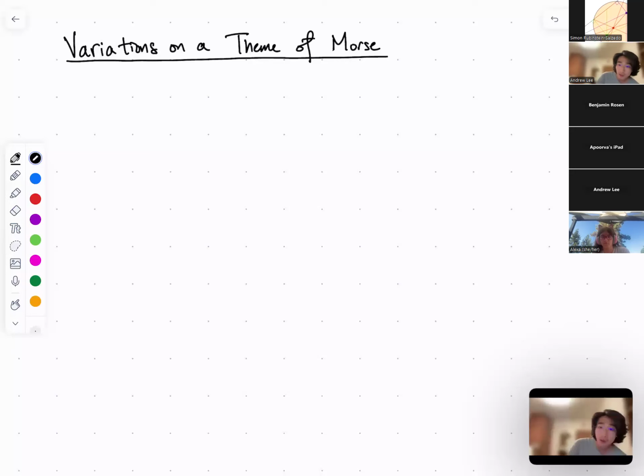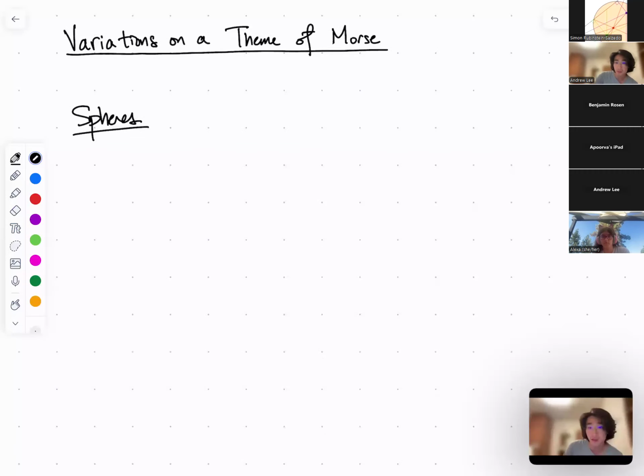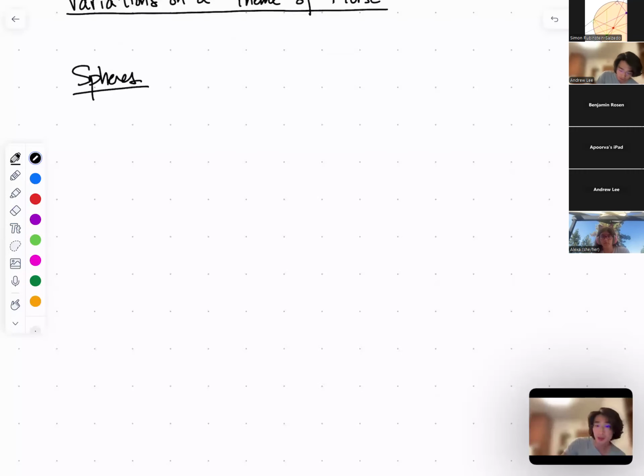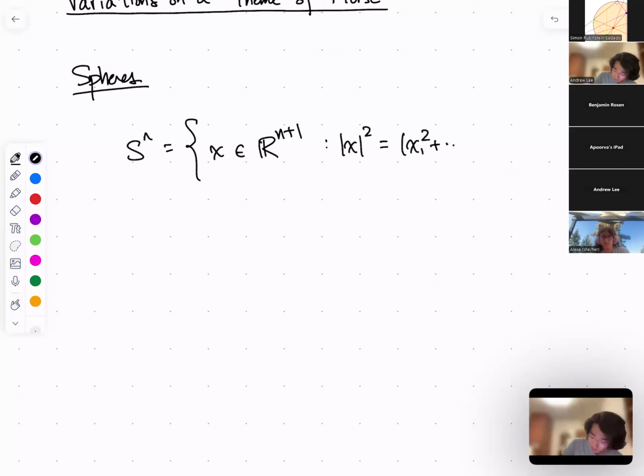So I want to start by talking about spheres. This is going to be a little warm up. Just as a reminder, the n-dimensional sphere is defined as the points x in R^(n+1) such that the norm of x squared is equal to 1.